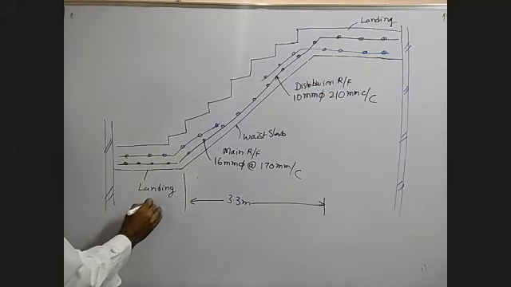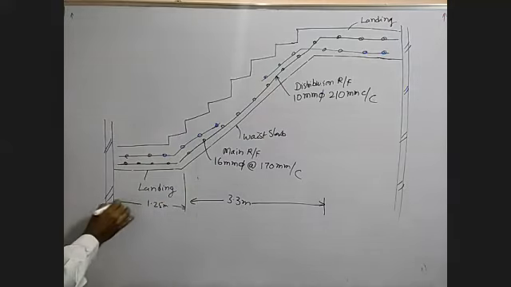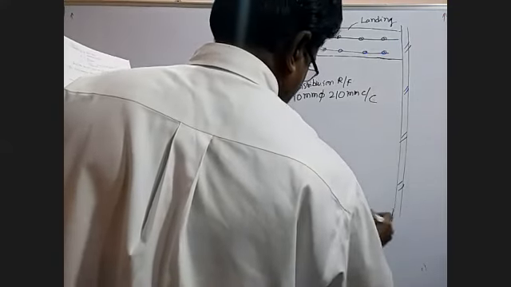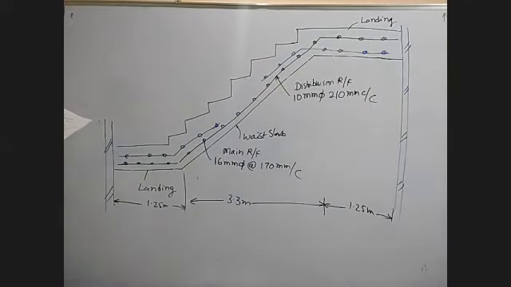This is 1.25 meters. This is 1.25. The thickness of this waist slab is 280 mm. Landing or main slab, this thickness is 280 mm. The same thickness is provided for the landing slab also. So this is the design of the dog-legged staircase and the reinforcement details.